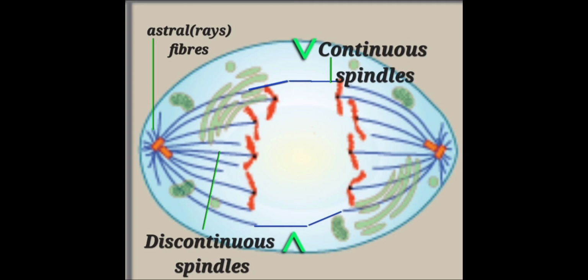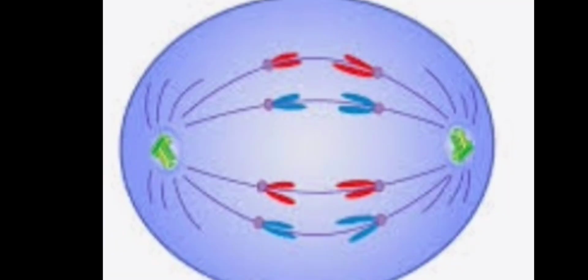There are forces which are developed here due to the contraction of the chromosomal fibers and the stretching of the interzonal fibers. So the chromosomes get pulled towards either pole.